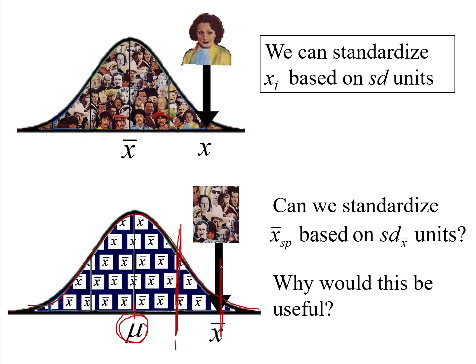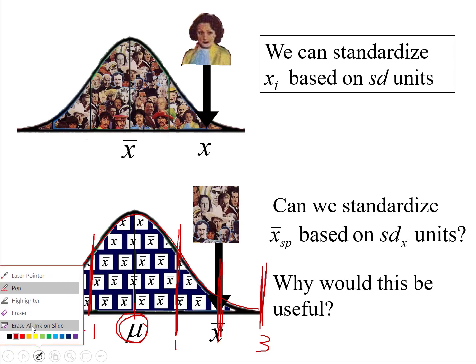And right here, where I've got this big black arrow, that's going to be 2 standard errors above the true population parameter. And up here, I'll draw a line up there. This is going to be 3 standard errors above the true population parameter. Or I could go down here. Here's going to be -1. That's 1 standard error below the true population parameter. Here's -2 standard errors below the population parameter.